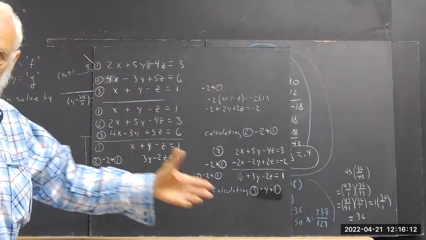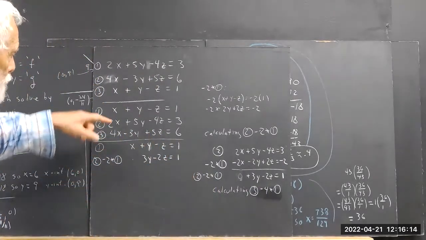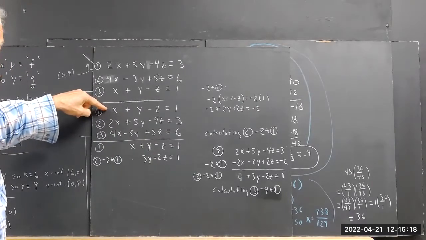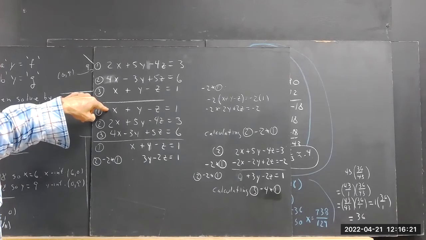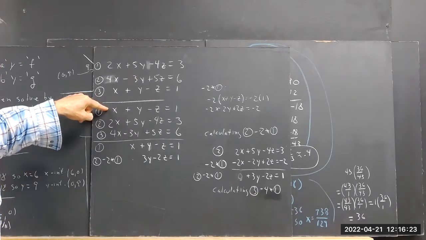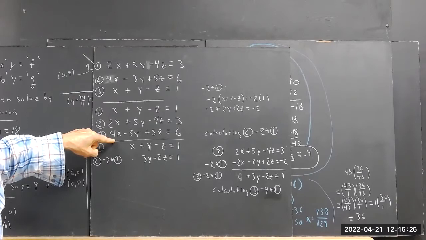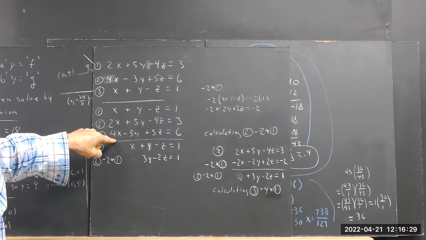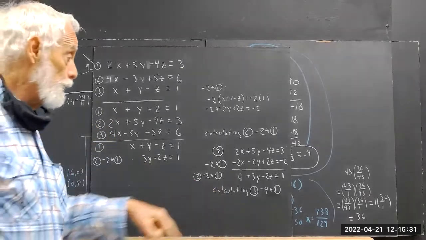Now think about why we did this. If we multiply equation 1 by negative 4, we're going to get a negative 4x, right? And if we add it to this, x is going to go away again. Okay? So our x's are going to go away if we do this.